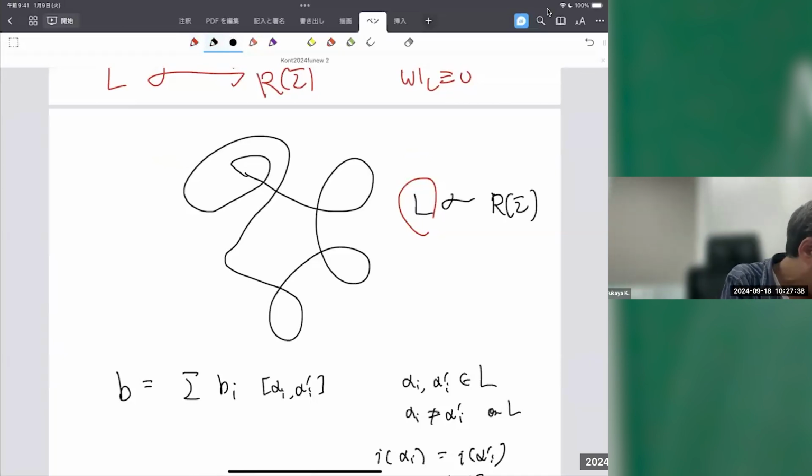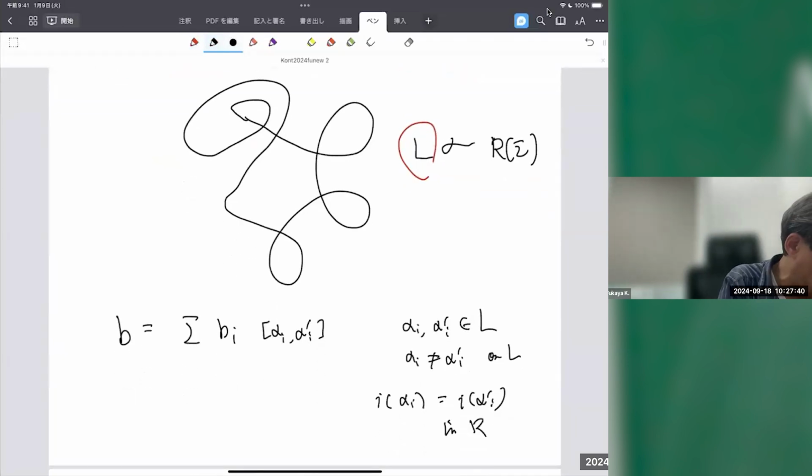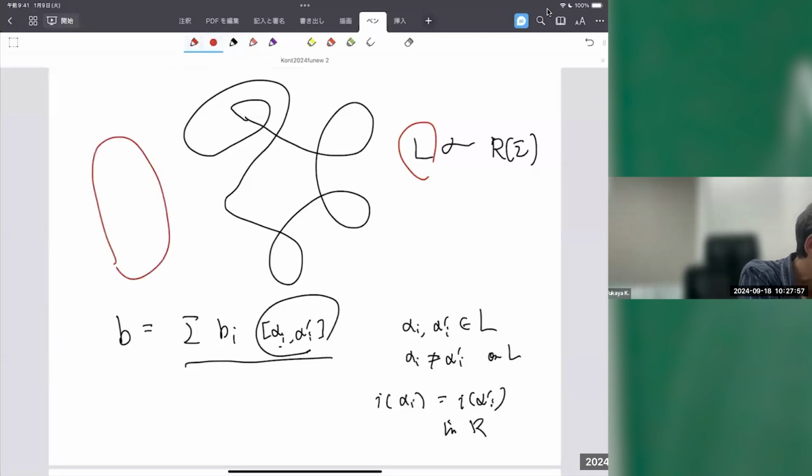Then B, in our particular case, is just a finite sum like this. What is this? Alpha_i and alpha_i', so you have this finite sum, and a pair of alpha_i and alpha_i'. Maybe originally it comes from some spheres. Alpha_i is somewhere here, and alpha_i' is here.